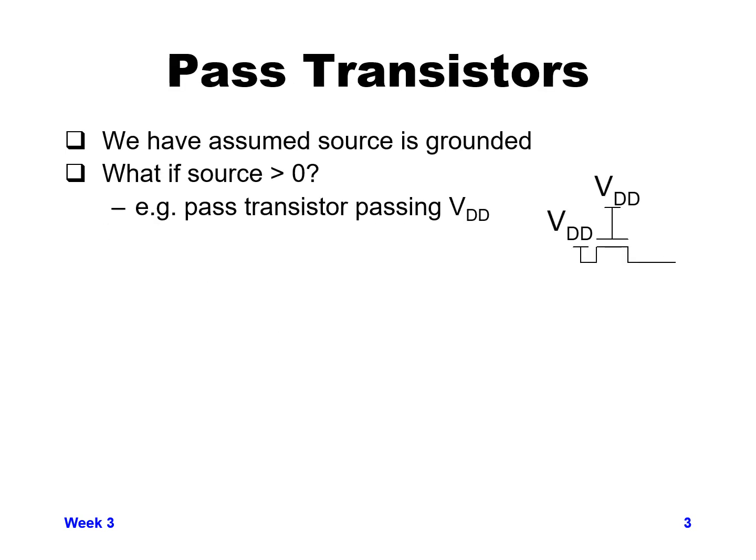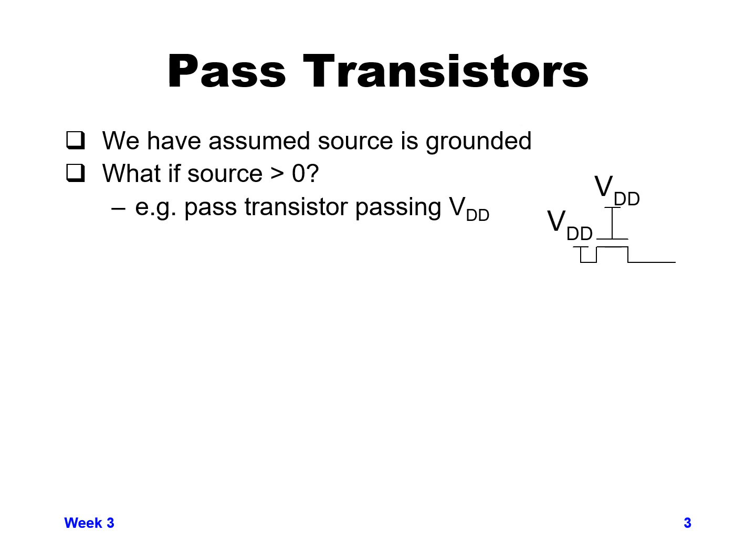So we've talked about pass transistors in the past, but we haven't gone into great detail on exactly how they work. In the past, I've mentioned that for an NMOS transistor, shown here on the right, if you were passing a value through it, typically the input is the source and the output is the drain.